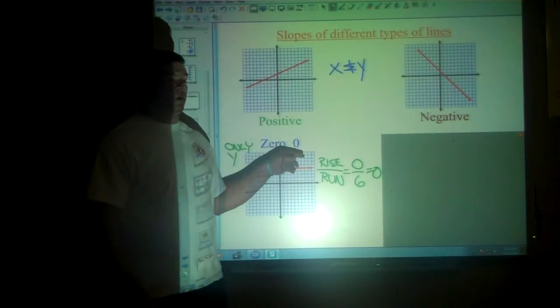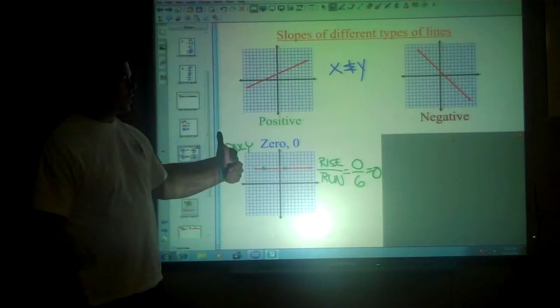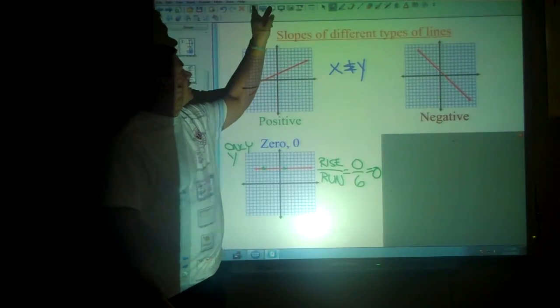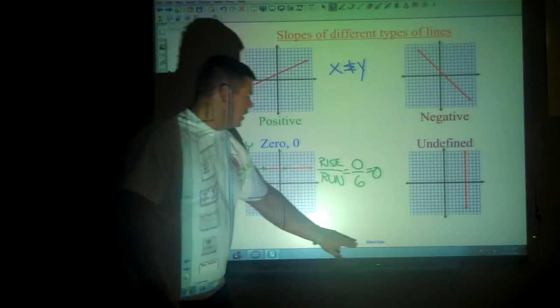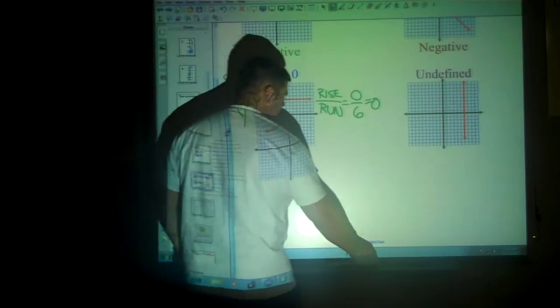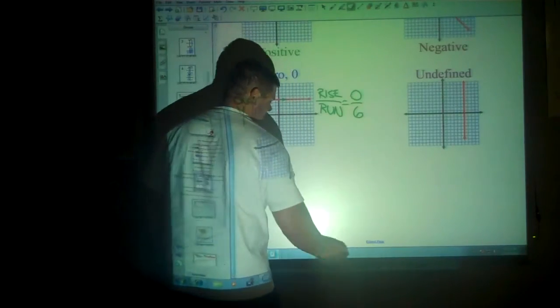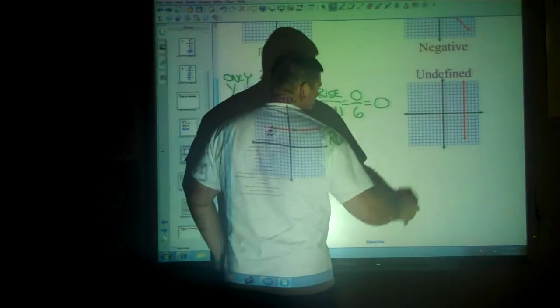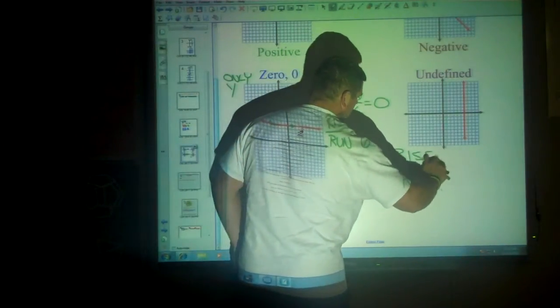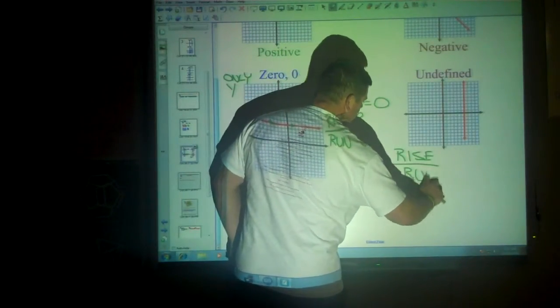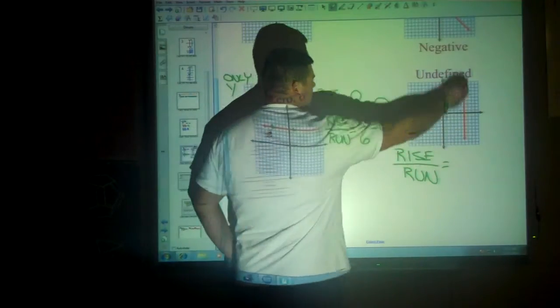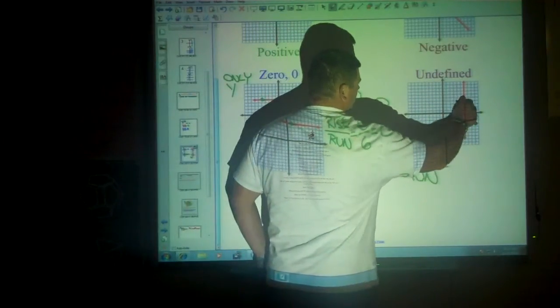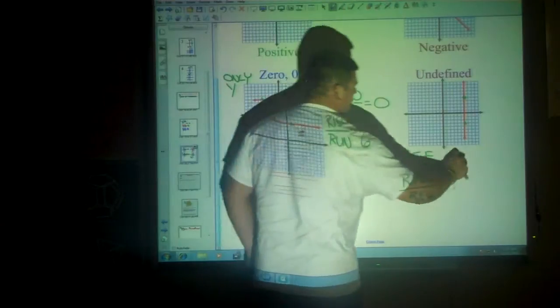Now that makes people think that when the line's vertical, it's also going to be 0 slope, but it is not. It's actually what we call undefined. Now, let me clean that up. Rise over run. In this case, your rise could be anything. Could go from here to there. Maybe it goes up 7 units.